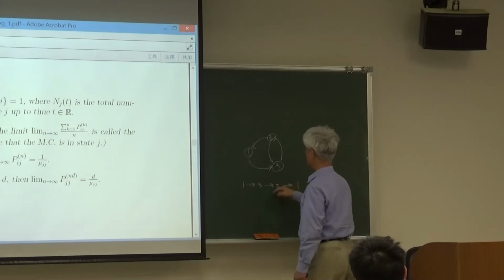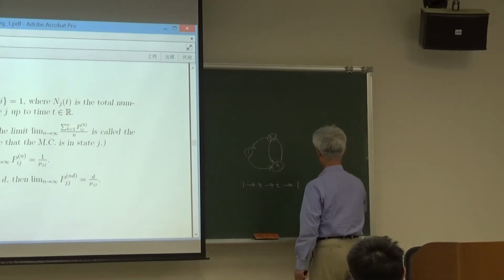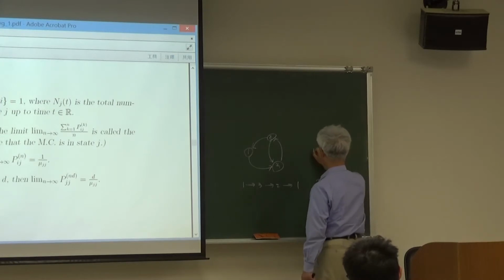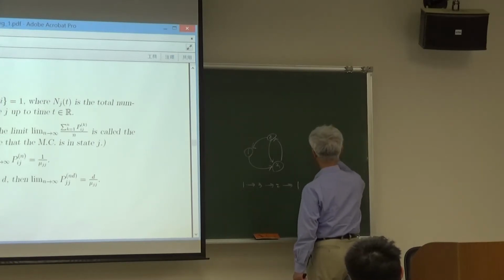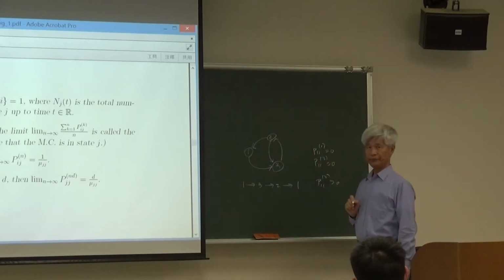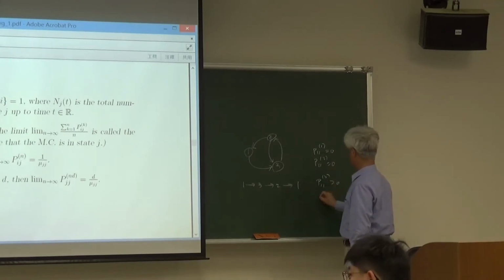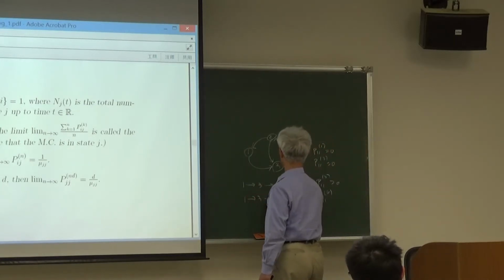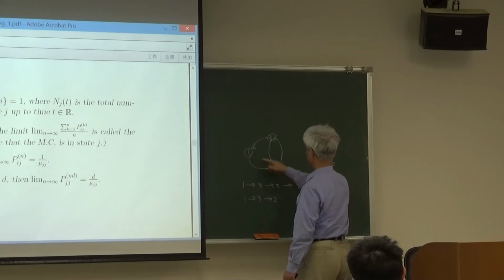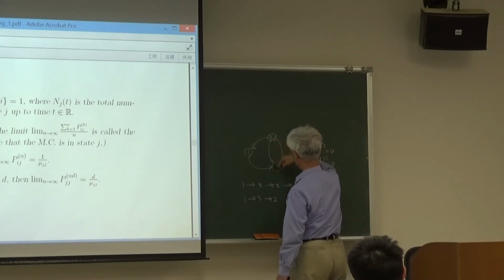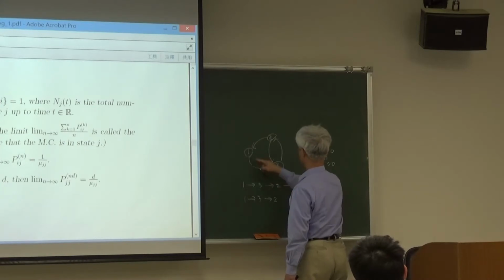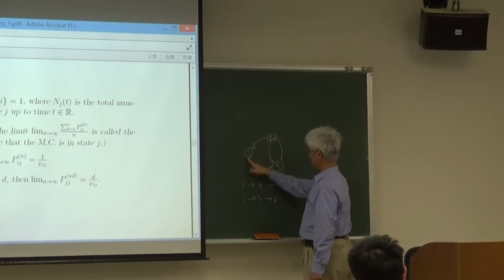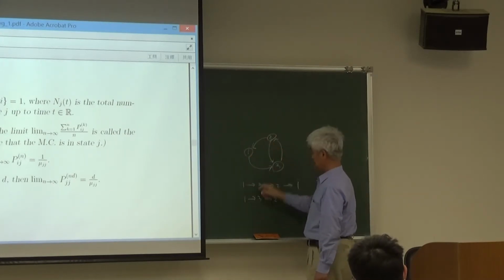So you have P11 equal to 0, and P11 at step 4 is positive, going through 3 and 2. If you start from 1, you have to go back through 2, so this is always necessary.